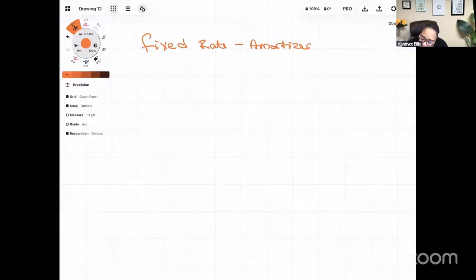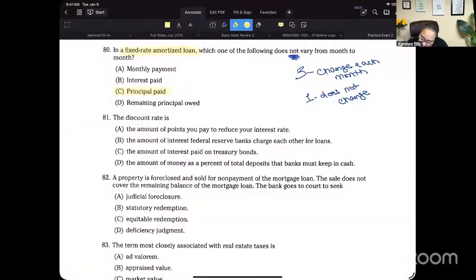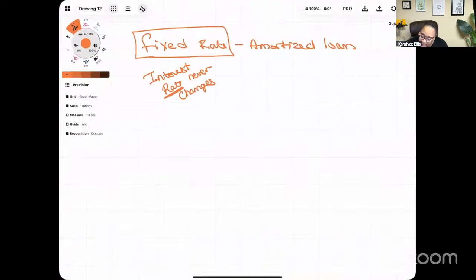Well, one, we know that the interest rate never changes. When we look at this question, it said the amount of interest paid. That's different. The interest rate doesn't change, but that's not what it said.